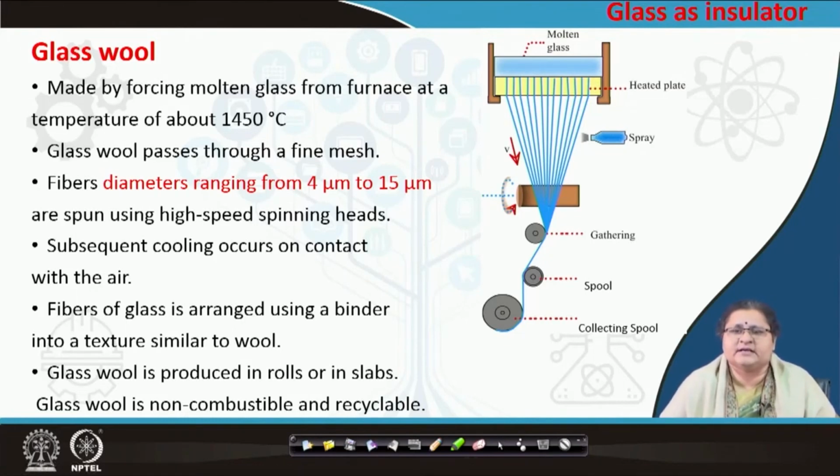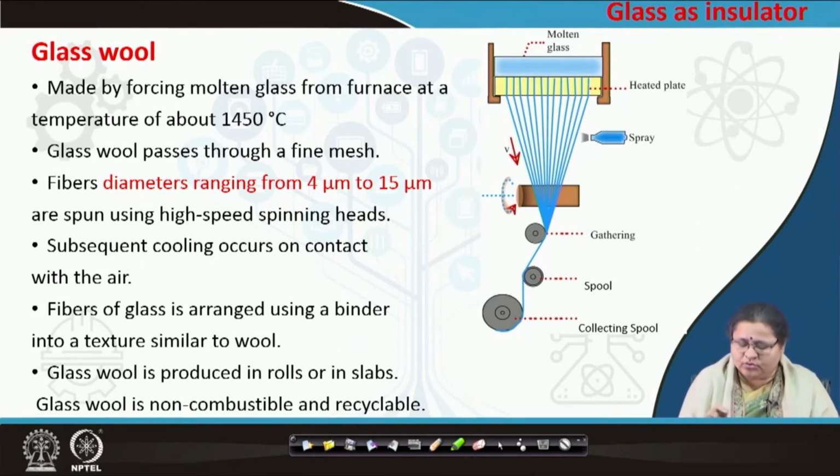After knowing this glass wall fixing system, let us move to the glass wool, where glass works as an insulator. Here you can see in the schematic diagram that some blue lines are actually coming out from a heated plate, and on top is some molten glass. Here you can see a nozzle which is actually spraying air at a very high speed.